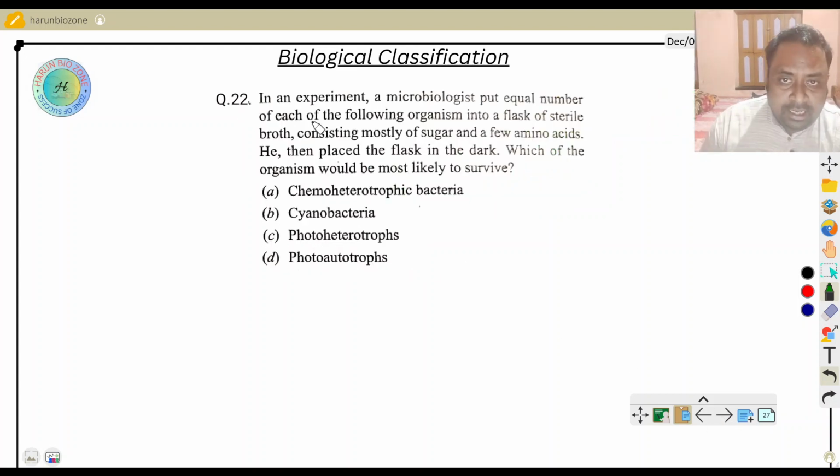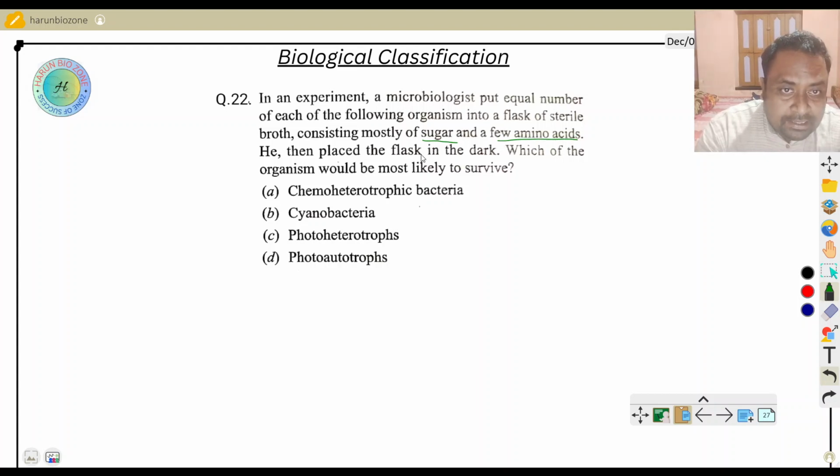Next question. In an experiment, a microbiologist put an equal number of each of the following organisms into a flask of sterile broth. Sterile broth means a broth that has been purified, a clear or uninfected medium, not a contaminated medium, consisting mostly of sugar and amino acids.